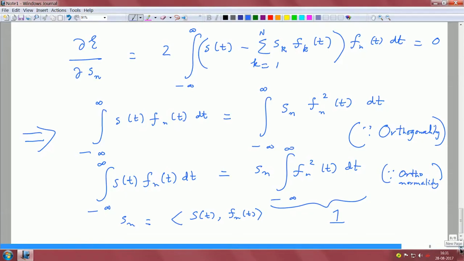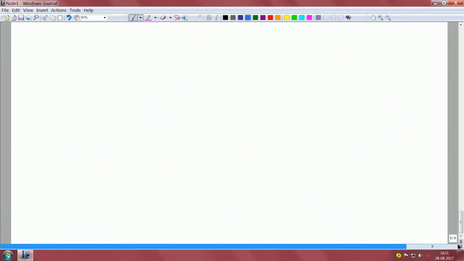Now, our job is not yet done, because we need to compute the squared error, right, because we said we are approximating it as a weighted linear sum of orthonormal signals, and now we want to compute what our squared error is.